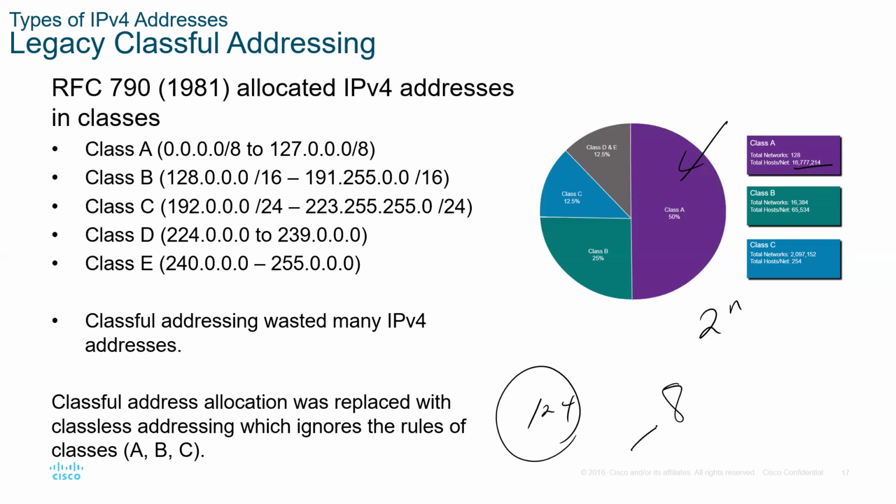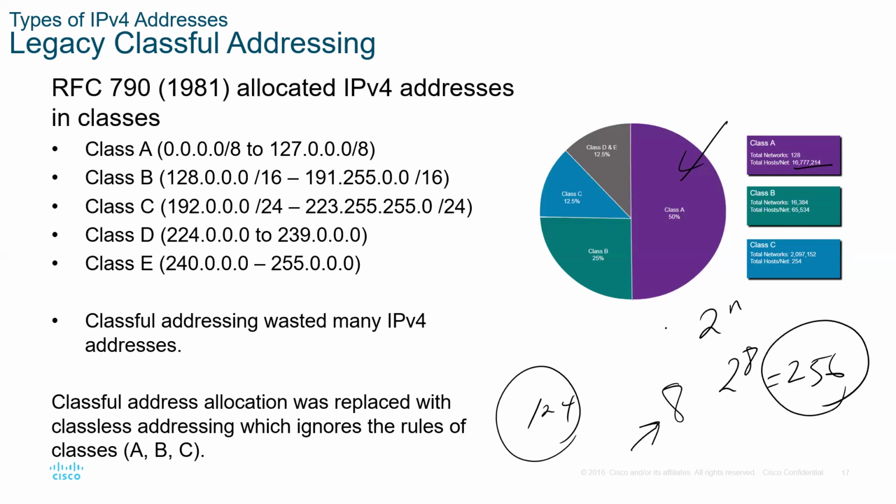So with 8 bits on the host portion, I have 2 to the power of 8, which is 256 addresses.